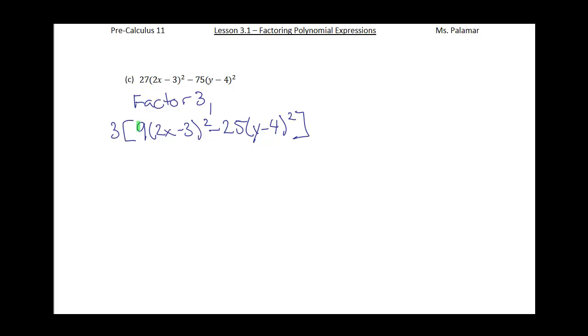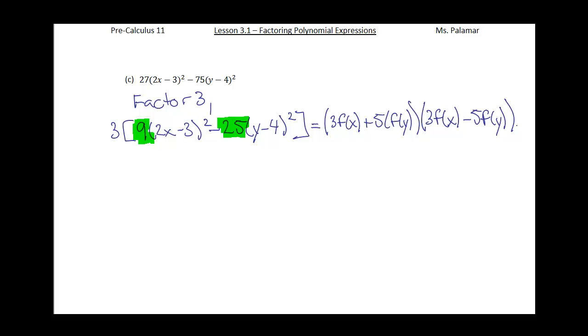From here, I notice that our coefficients of 9 and 25 are perfect squares. So when we're looking at our factors now, we can say that our binomials will use our coefficients' square roots: 3 onto f of x plus 5 onto f of y and 3 onto f of x minus 5 onto f of y for our factors.